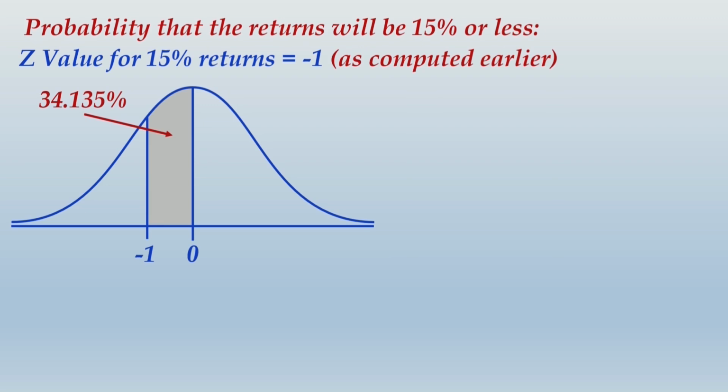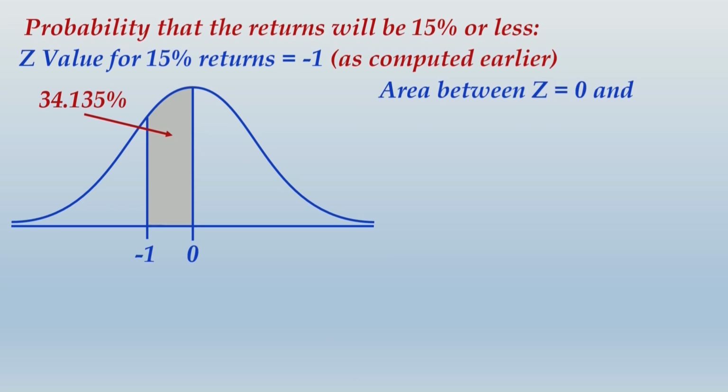Now the question is demanding something different. What will be the probability that the returns will be up to 15%? Means the returns will be either 15% or less. That means the area that we have to consider will be this particular area on the left, that is left to the Z value being -1.